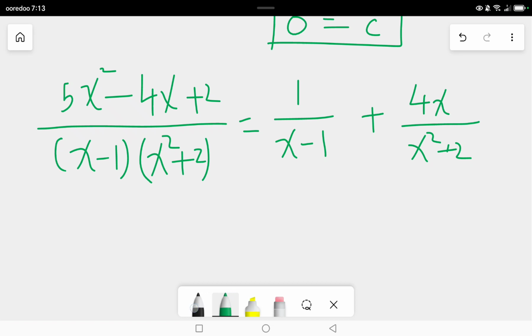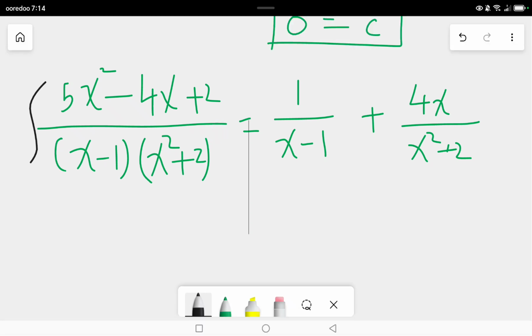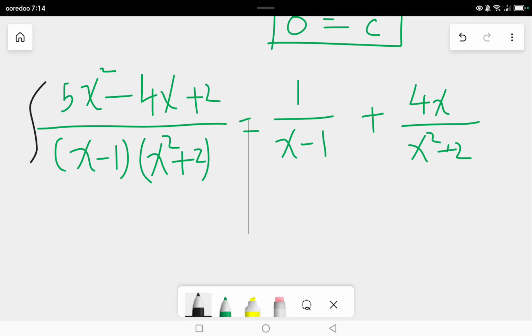So after writing the partial fraction form, what will we do? We will find the integration. Actually our main question is to find the integration. So whenever you write the integration sign, you must write the dx.